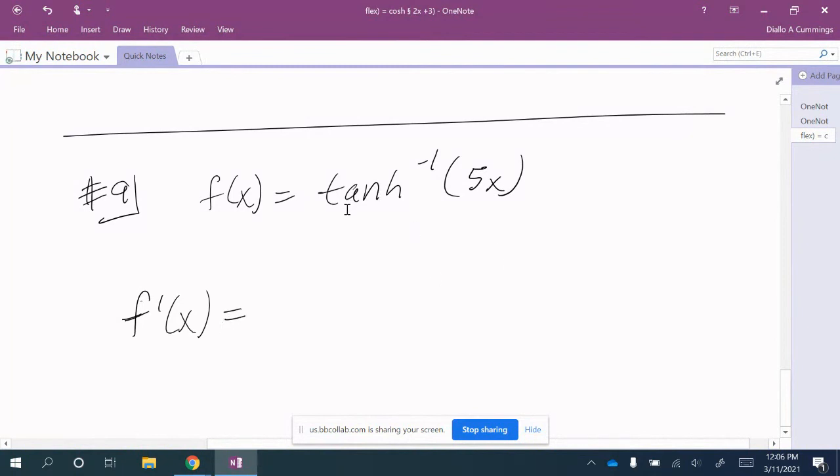All right, so keep in mind, we have a formula for the derivative for the inverse hyperbolic tangent of u, not for the inverse hyperbolic tangent of 5x. So here again, we're going to use the chain rule.